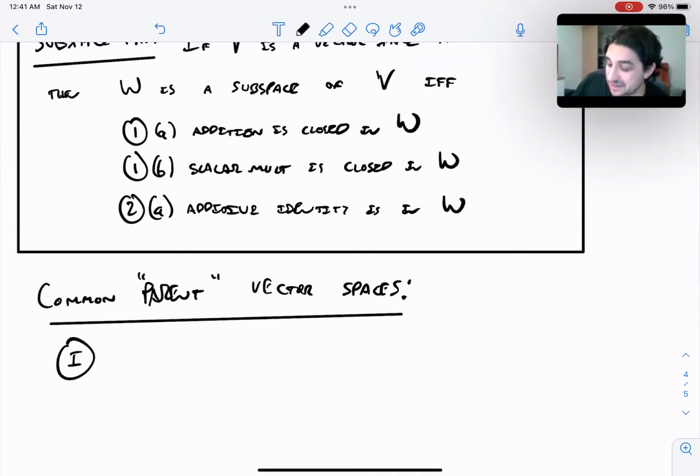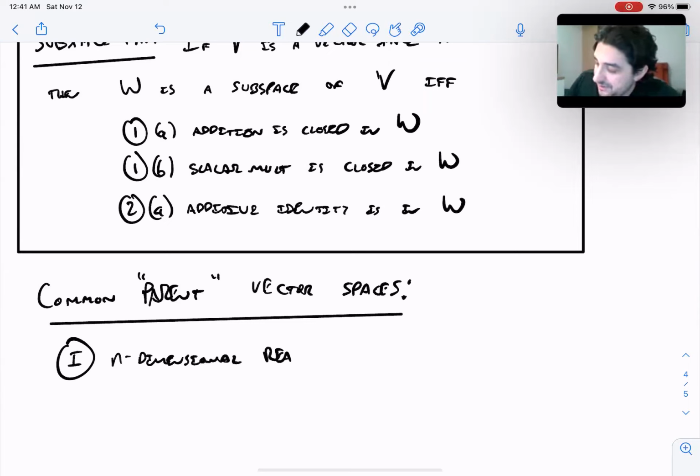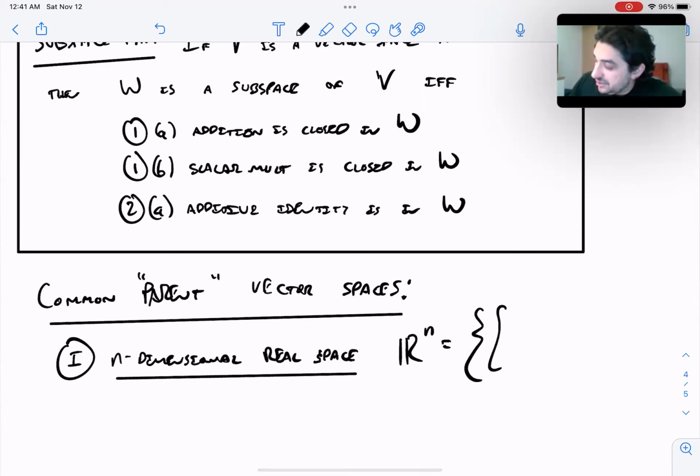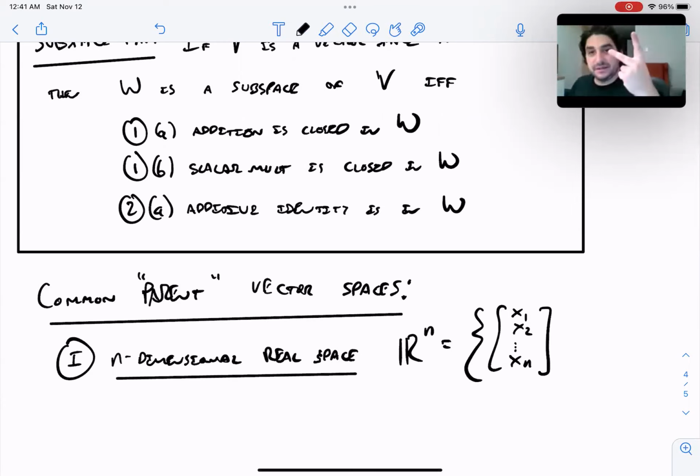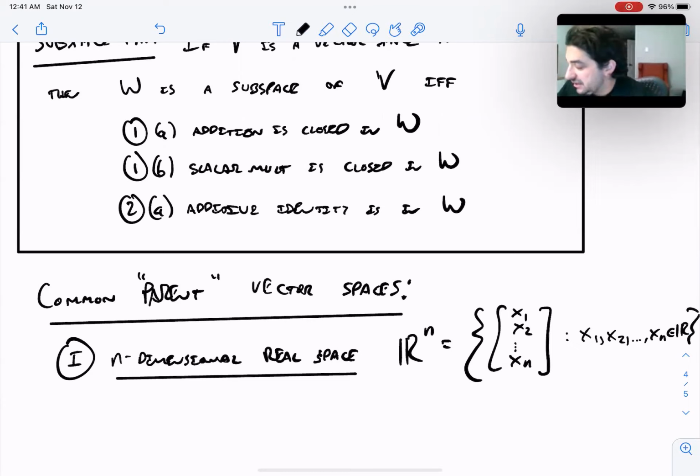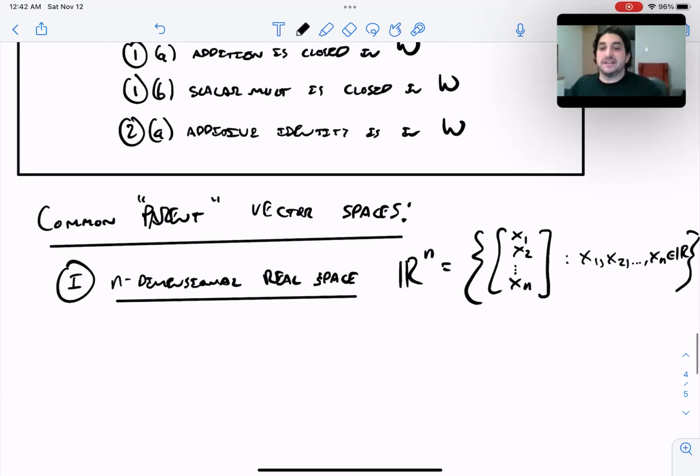One common parent vector space is n-dimensional real space, which is just Rn. If n equals 2, it's the plane. If n equals 3, it's your three-dimensional XYZ coordinate space. In general, it's just ordered lists of n real numbers.